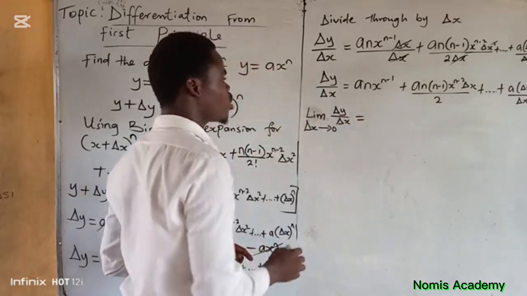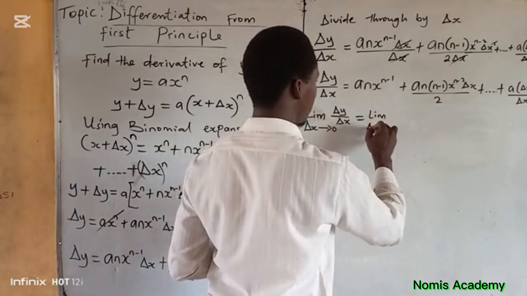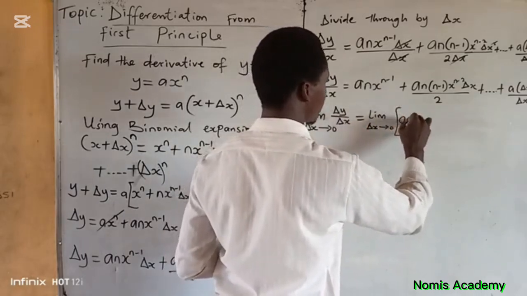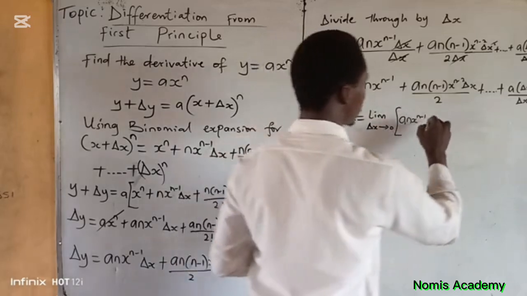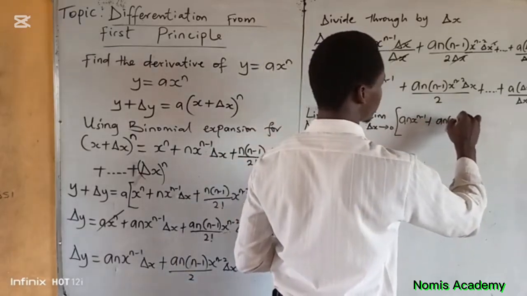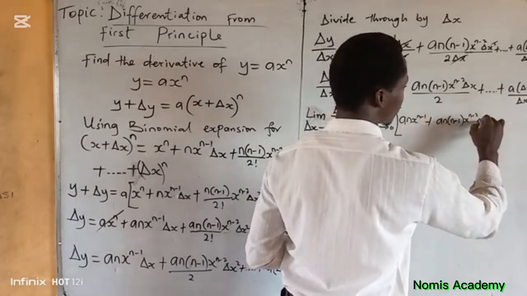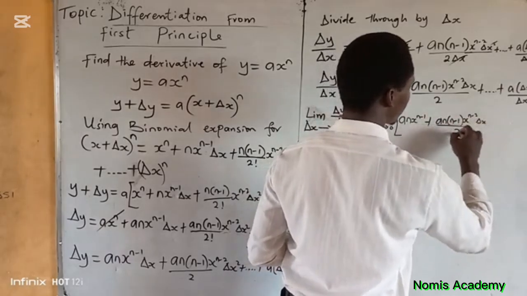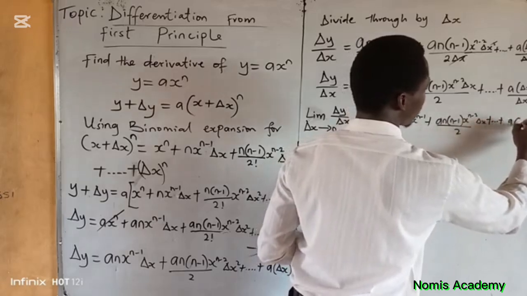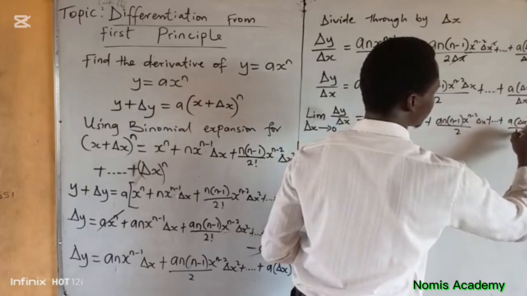So that will be the limit as delta x tends to 0 of a n x n minus 1 plus a n into n minus 1 x n minus 2 delta x all over 2 plus ellipsis a into delta x raised to the power of n all over delta x.